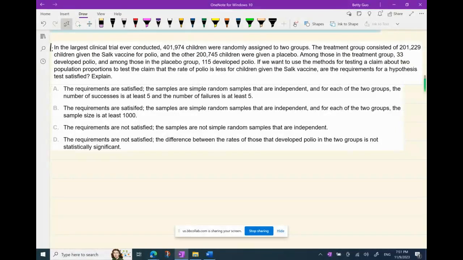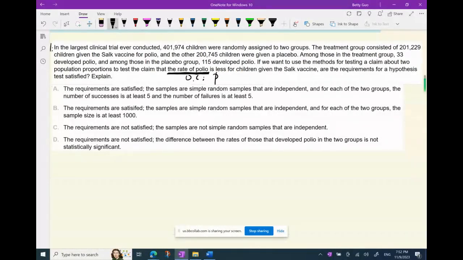If we want to use the methods for testing a claim about two population proportions to test the claim that the rate of polio is less for children given the vaccine, here is the original claim. The rate of polio, that's our proportion, right? Rate is a percentage. The rate of polio is less for children given the vaccine.